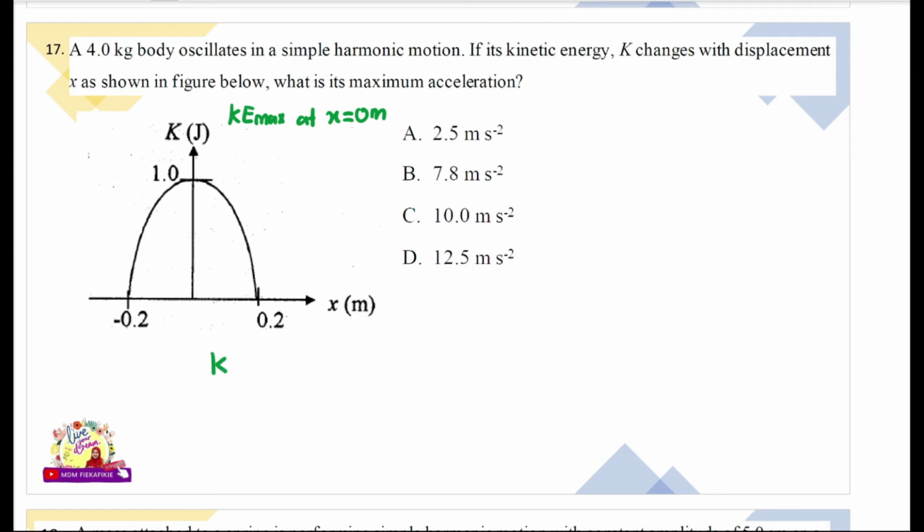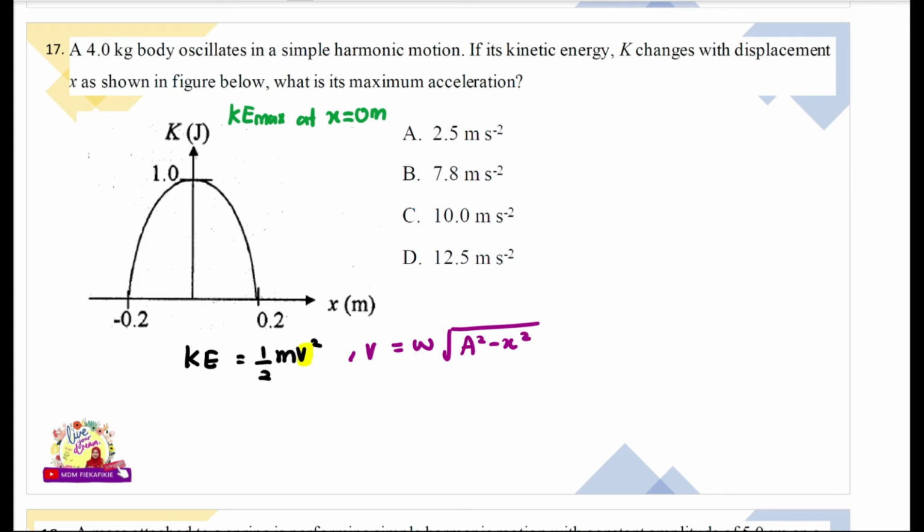So you always remember the formula kinetic energy equal to half mv squared. Some people memorise it like this. But we must know v in terms of x. v we can write is equal to omega square root of A squared minus x squared.